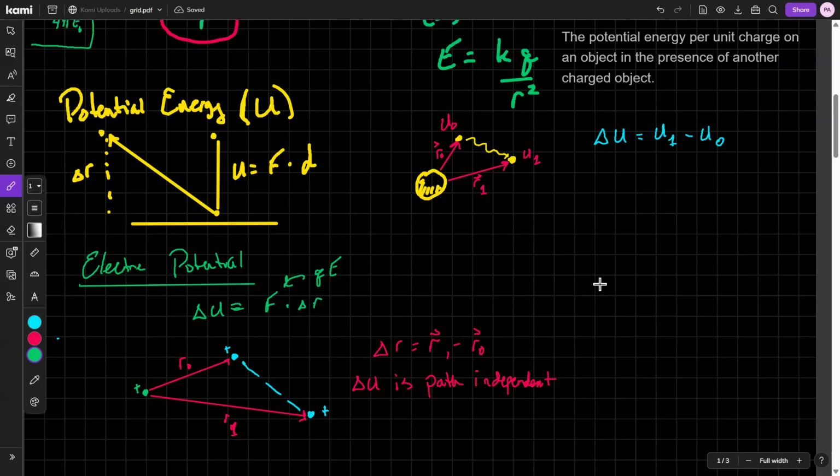Okay. Now, this will change, just as in a gravitational field the force will change if our mass increases. This will change if our charge increases. And so we have this unit of delta U per unit charge. This is our electric potential.